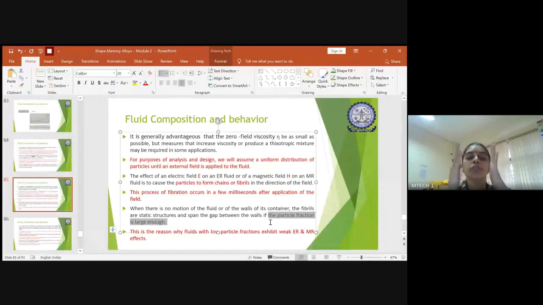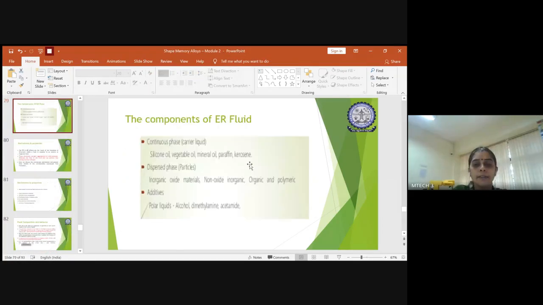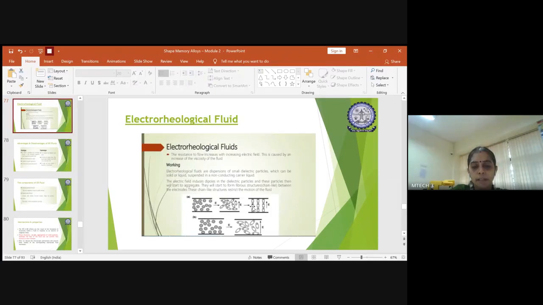If there is a huge space for accumulation or piling up of the structure, then the gap will be large. If the given smart fluid is compacted within a small device, and you have many particles, then you will have n number of arrangements of these structures, and hence the gap between them will be very small. So if we go back to the diagram again, here you have three structures and there is some uniform gap in between.